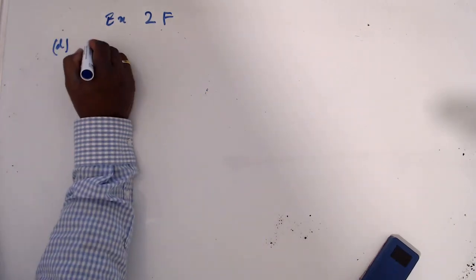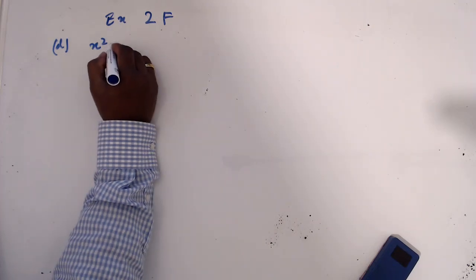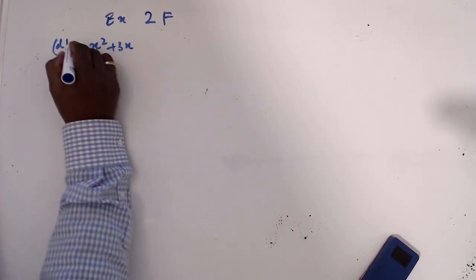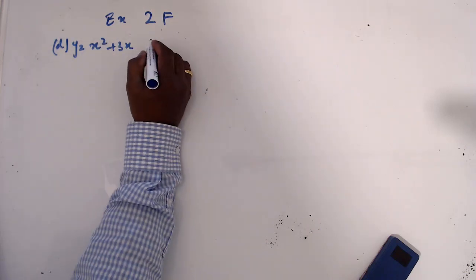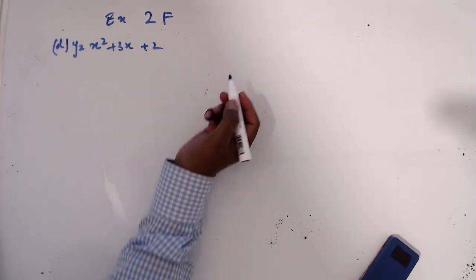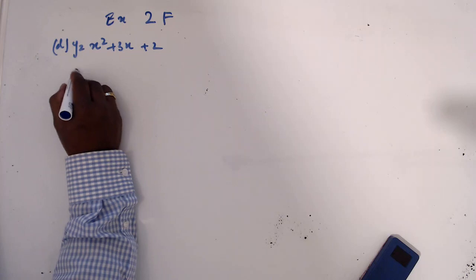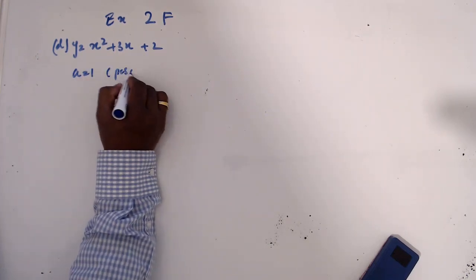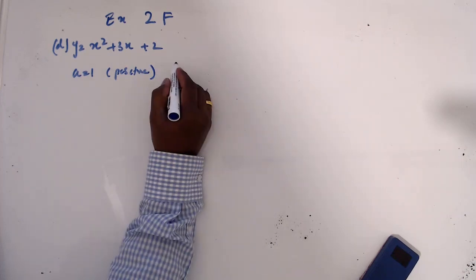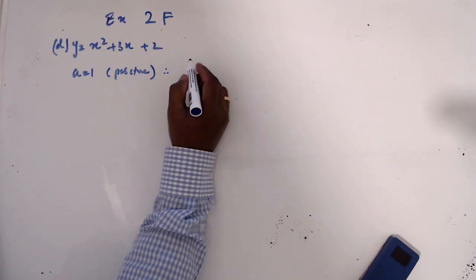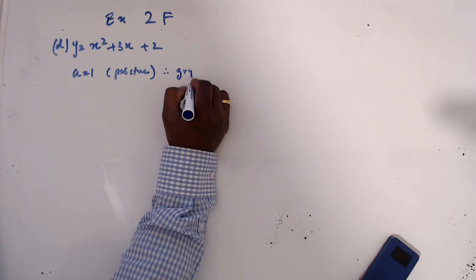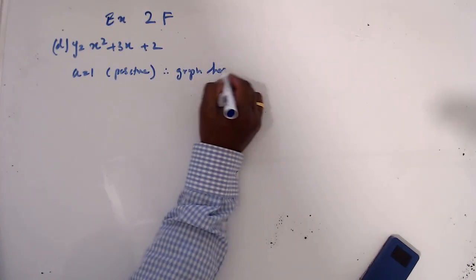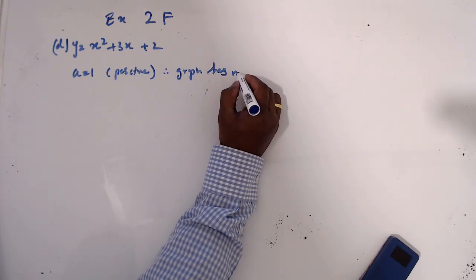The equation y equals x squared plus 3x plus 2. So a is 1, positive, hence the graph has a minimum.